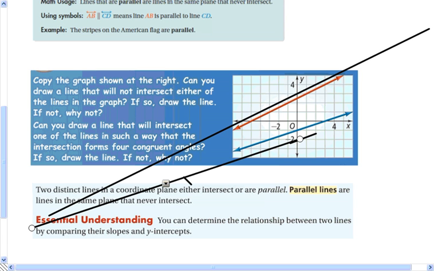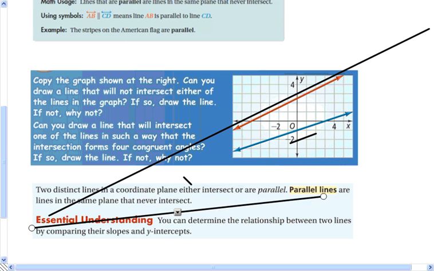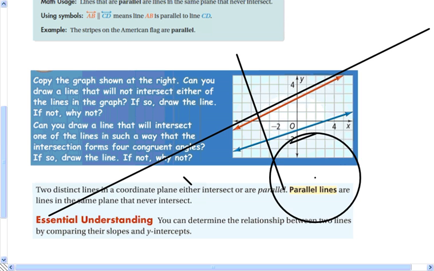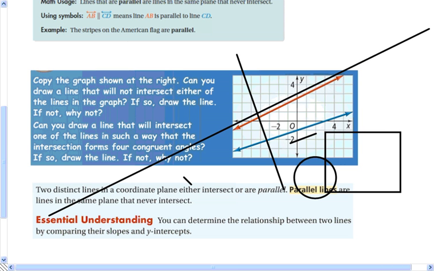Can you draw a line that will intersect one of the lines in such a way that the intersection forms 4 congruent angles? Yeah, those are called perpendicular lines. If we take one of these lines and situate it in the right way, we should be able to get a perpendicular line. One way I can help get that perpendicular line is to use an object that I know has 90-degree angles, like a rectangle or a piece of paper.